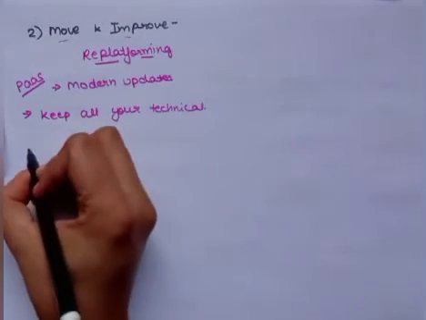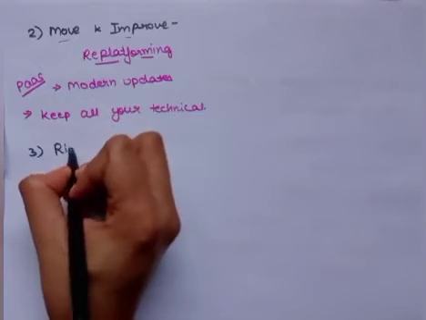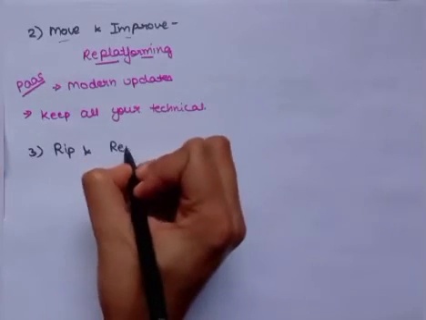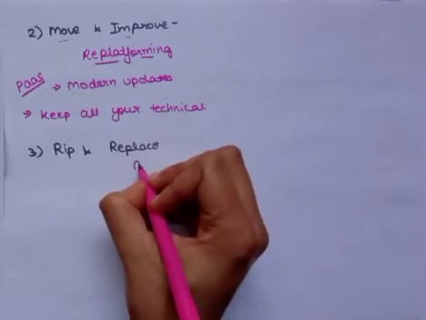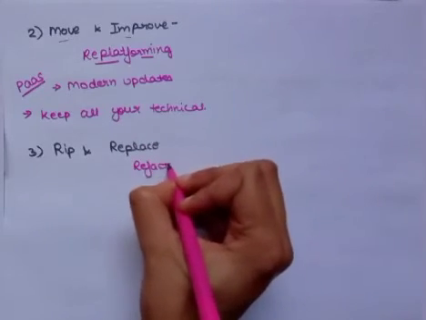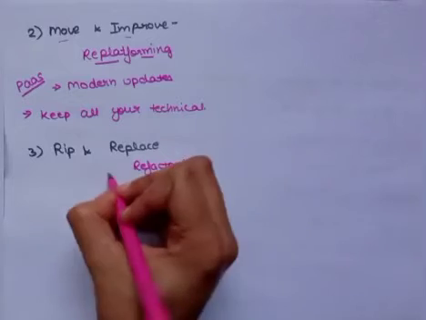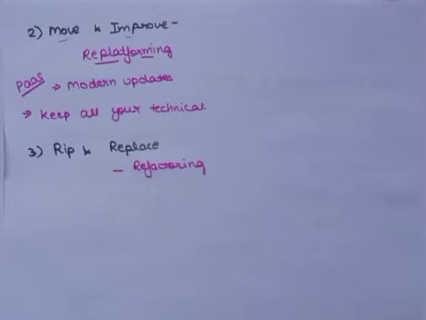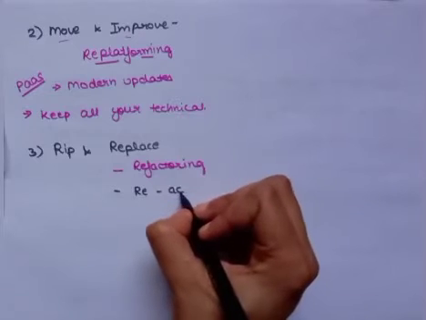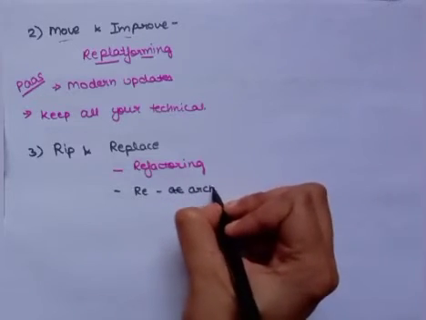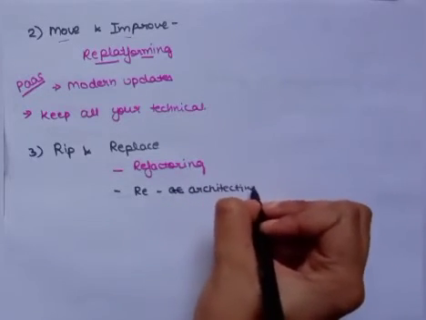The third point is rip and replace. This is also known as the refactoring phase, and re-architecting, right?